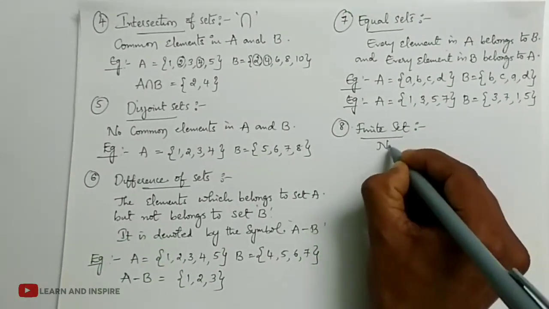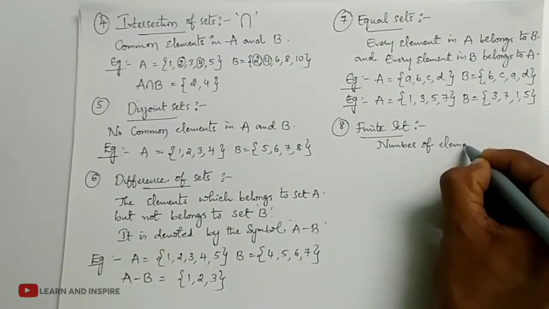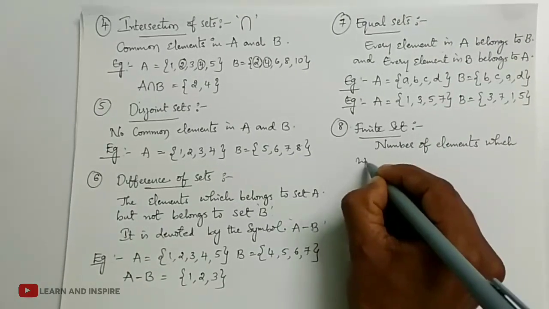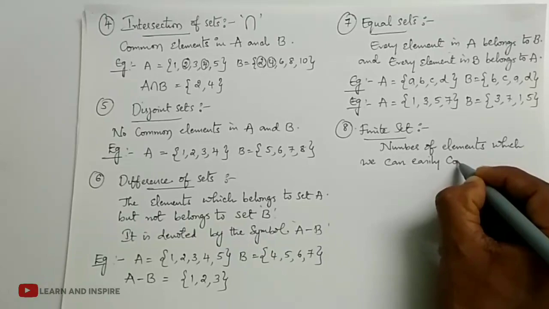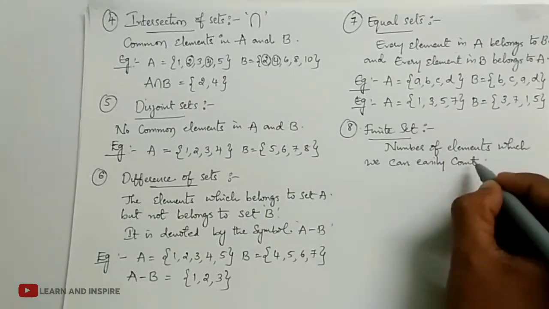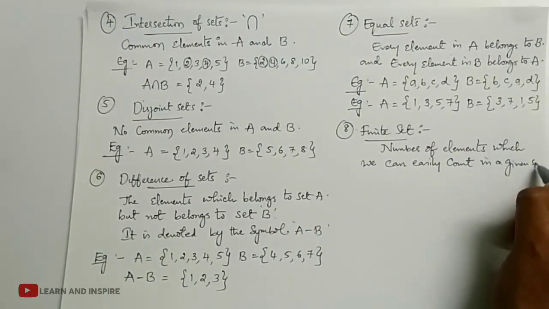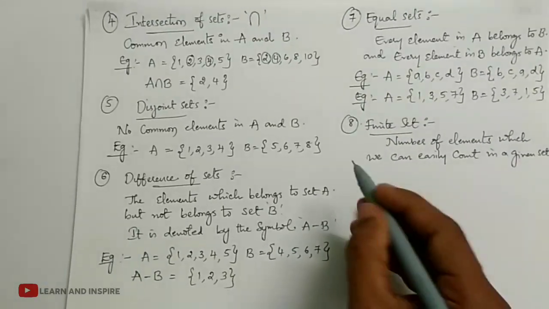So, the number of elements which we can easily count in a given set. In a given set we can count the number of elements easily.